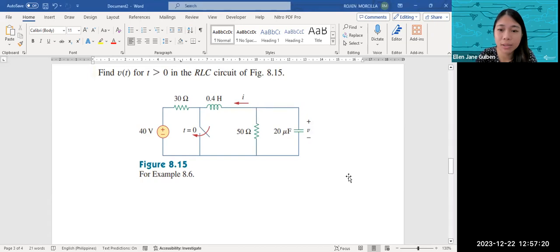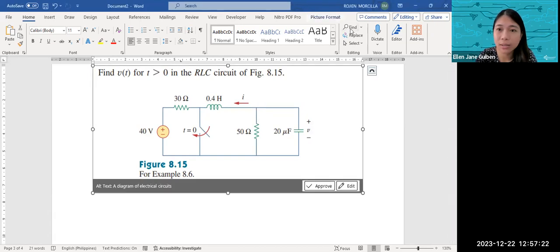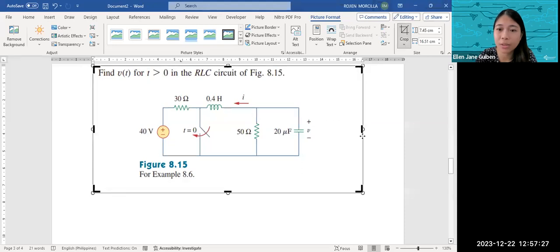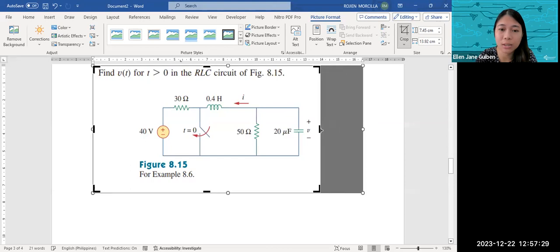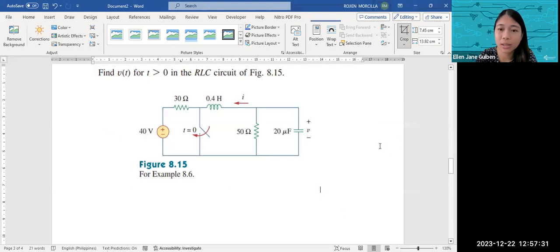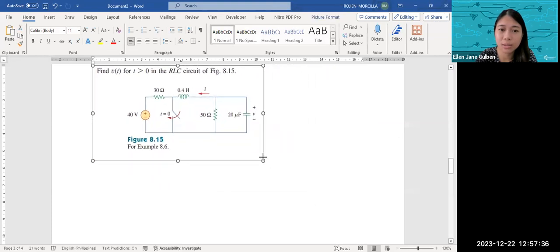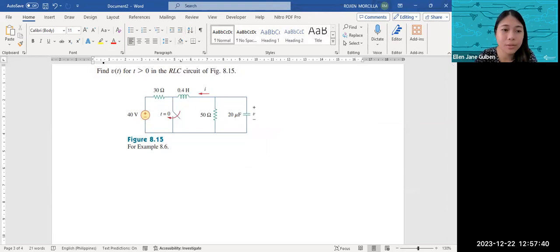So let's cut off some parts. At time less than 0, the circuit would look like this. 40 volts.